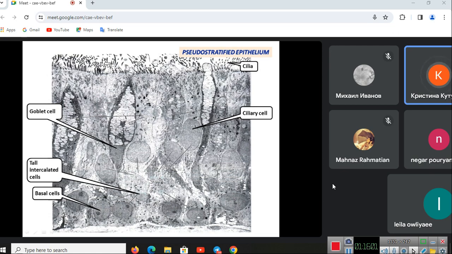The goblet cells also reach the basement membrane, even if it is not seen in our particular pictures, but it is really so. So here is its nucleus, and the cytoplasm is filled with granules with mucus, which can be released to the surface, and this process is seen here.